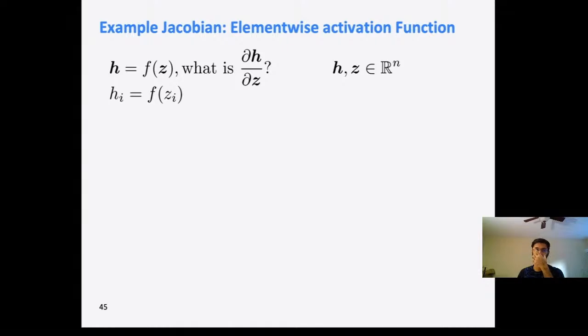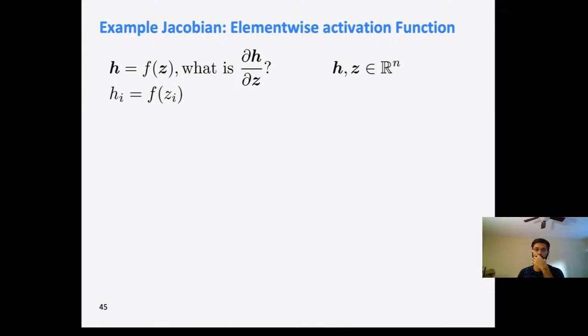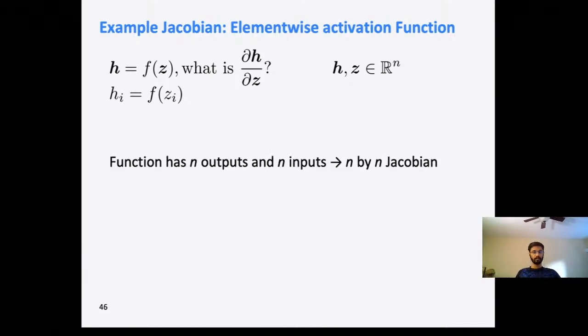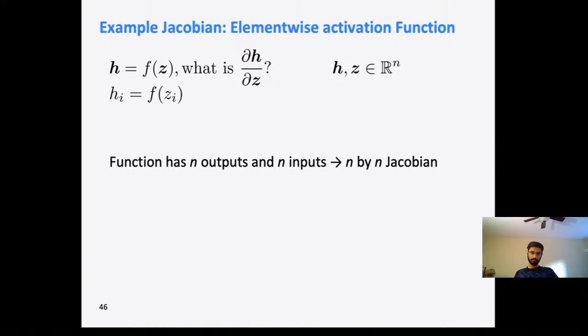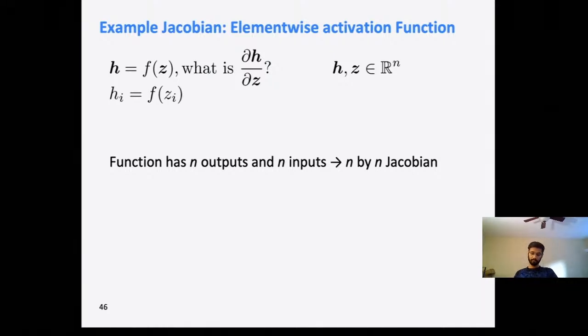Remember that we apply this element-wise, so we're actually saying h_i equals f of z_i. Formally, this function has n inputs and n outputs, so its partial derivatives are going to be an n by n Jacobian.